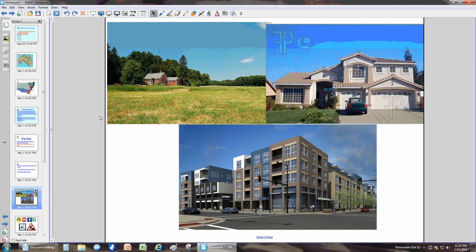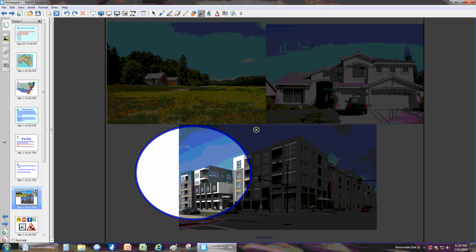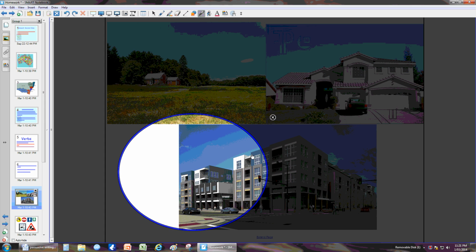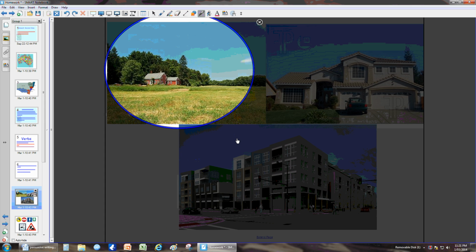Moving on to what we did in science. We were looking at country, city, and urban living, and we looked at where people live and why they live there. We looked at the country, with open spaces and big farmhouses, and people might live there because they run a farm or run cattle.